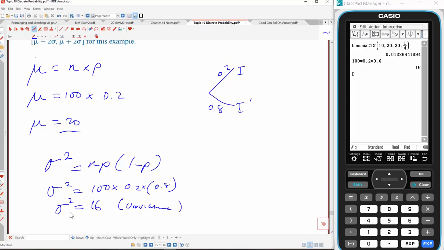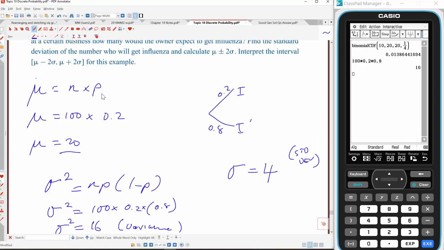Now our standard deviation is going to be the square root of the variance. So in this case, sigma is equal to 4. So what they want us to do is work out what the mean plus or minus 2 standard deviations is.